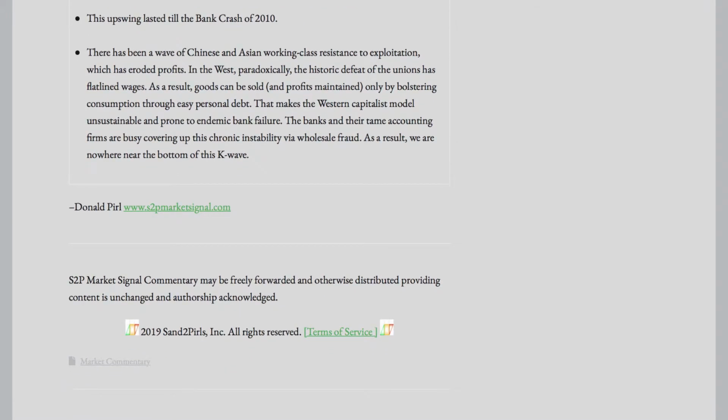There has been a wave of Chinese and Asian working class resistance to exploitation, which has eroded profits. In the West, paradoxically, the historic defeat of the unions has flatlined wages. As a result, goods can be sold and profits maintained only by bolstering consumption through easy personal debt.